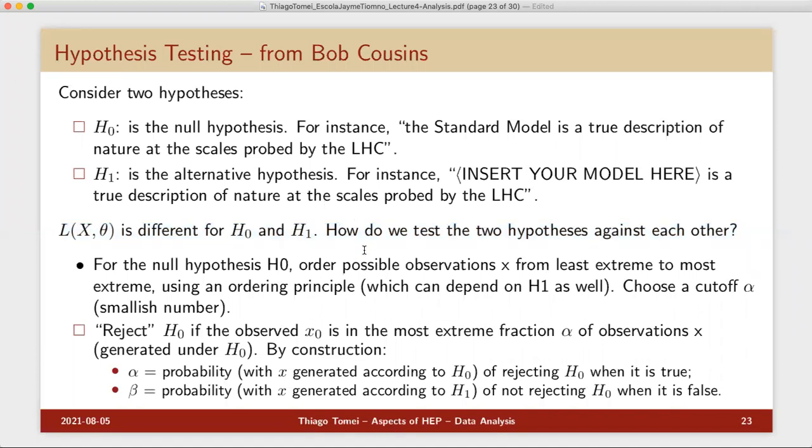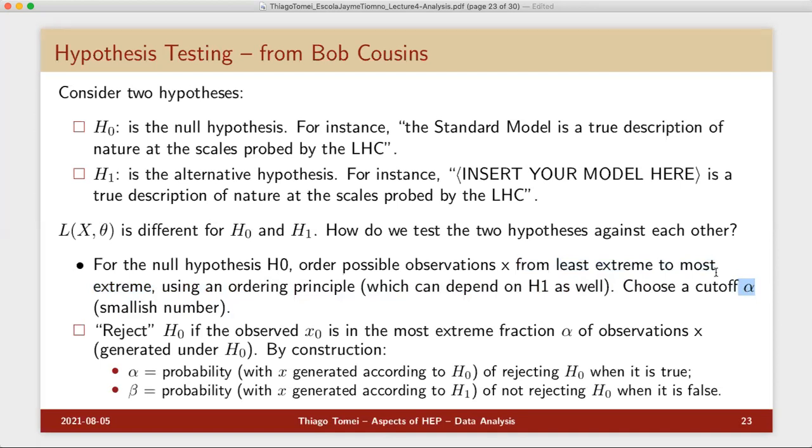You run this so-called statistical test, where you take all of your observations and order them from least extreme to most extreme. What does this mean? This means, let's say, from most probable to most improbable. And then you choose a cutoff alpha, which is a smallish number.